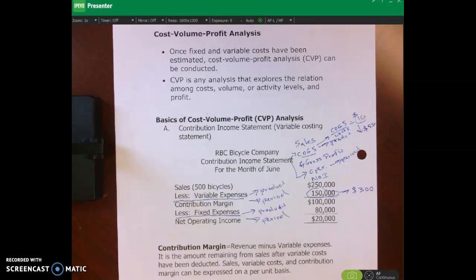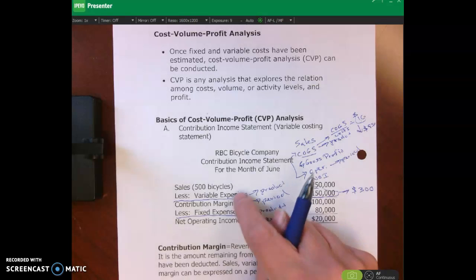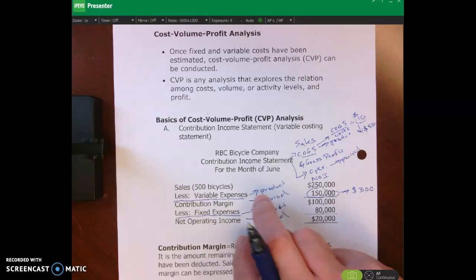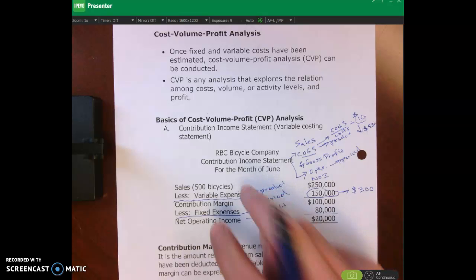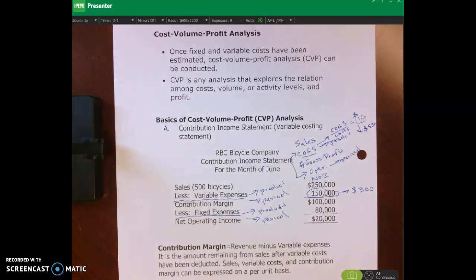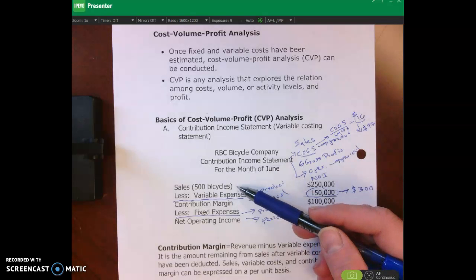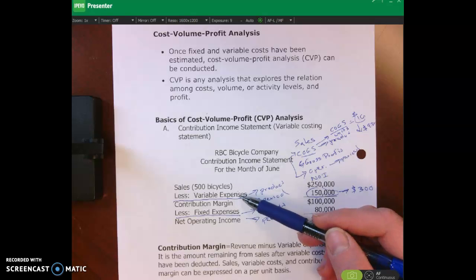That's what we're assuming. So the basic point is that with our contribution income statement, we separate out our expenses by behavior, and then that helps us with our cost volume profit analysis. This idea of contribution margin is simply sales minus variable expenses. On a per unit basis, it would be our sales price per unit minus our variable expenses per unit.